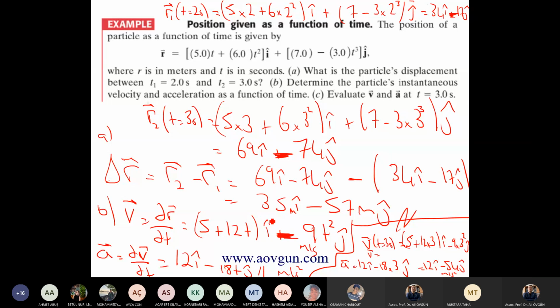At t equal 3 seconds, what is the velocity? 5 plus 12 times 3 i hat, so here it will be equal to 41 meter per second i hat minus 9 times 9, which is equal to 81 meter per second j hat. Okay, so this is the way to calculate displacement and also to find the velocity vector or the instantaneous acceleration vector by taking the derivative, and then evaluate the velocity and acceleration vectors.